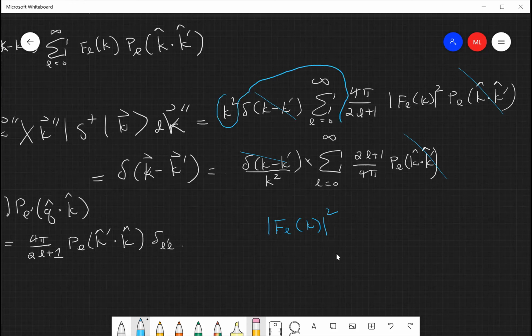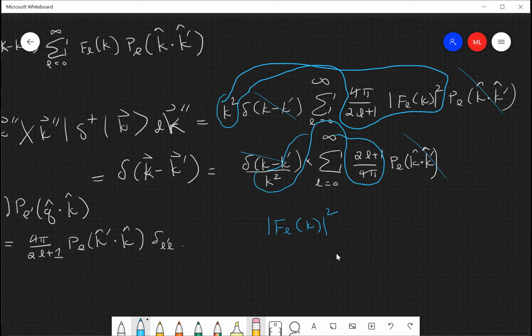All this stuff here has to be equal to all this stuff here, right? So f_L times 4 pi k squared over 2l plus 1, all that has to be equal to 1 over k squared, 2l plus 1 over 4 pi.